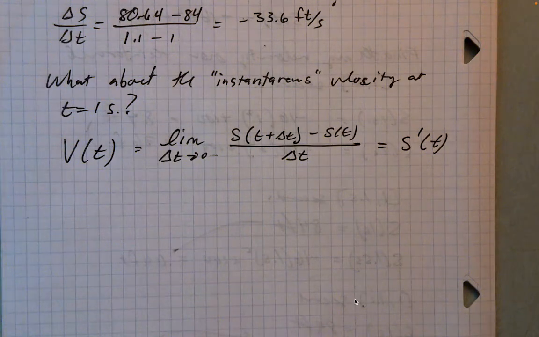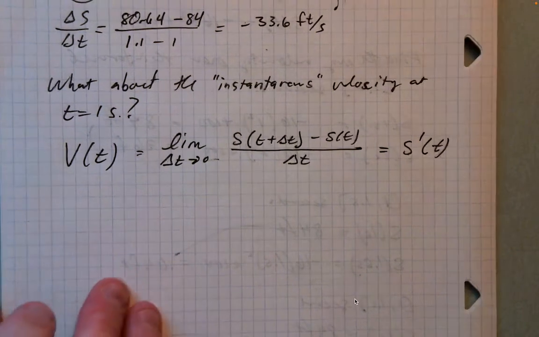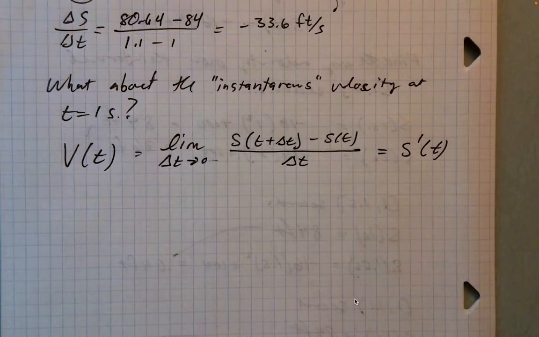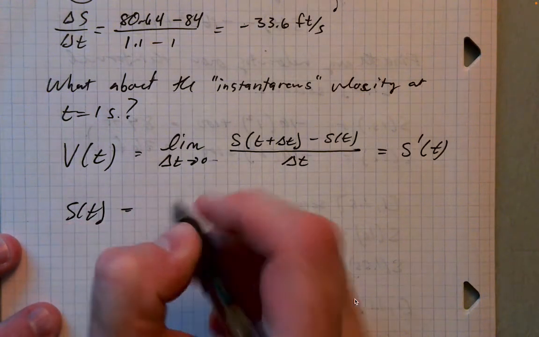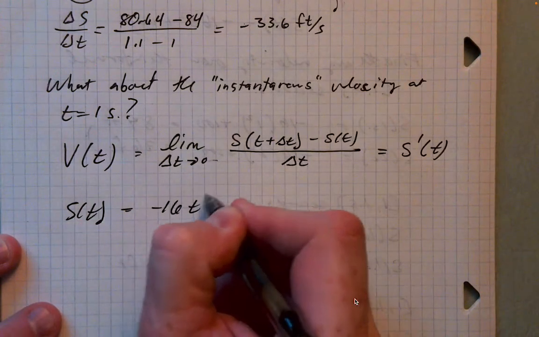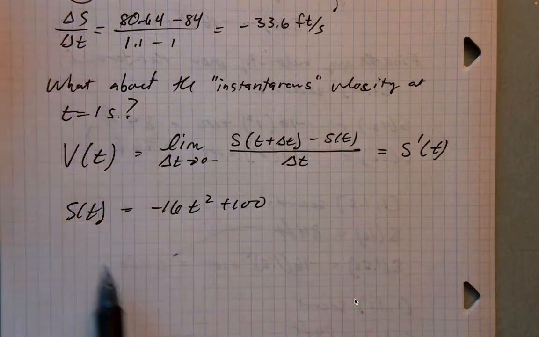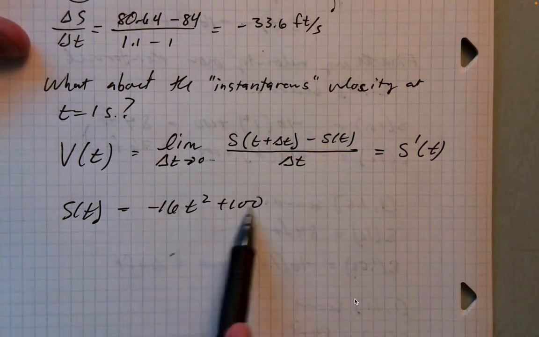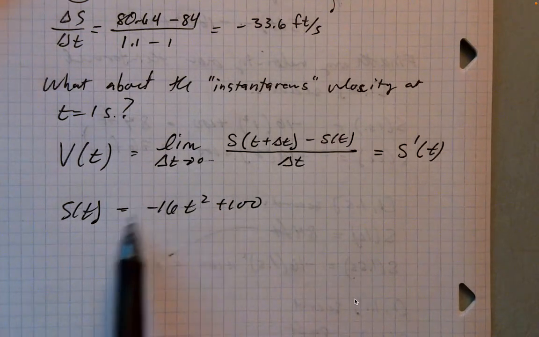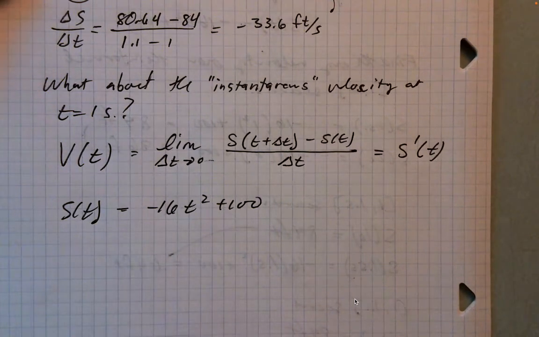Okay, and so what was our specific function? Our s of t was equal to negative 16t squared plus 100. So we could calculate the derivative using this expression, or we can recognize that this function has nice structure that we can use many of our differentiation rules on.